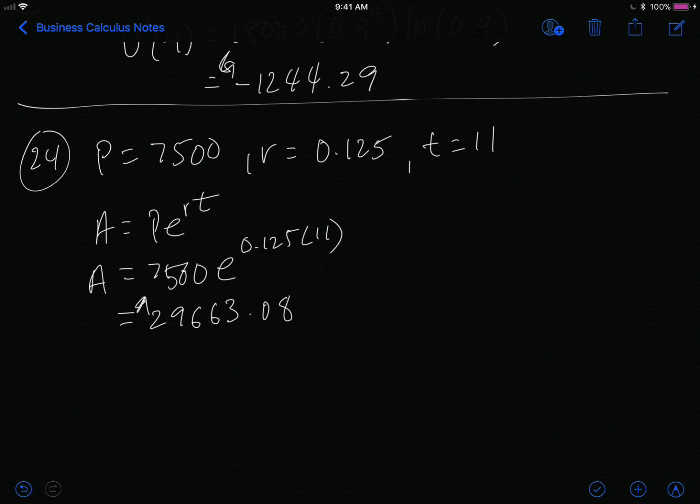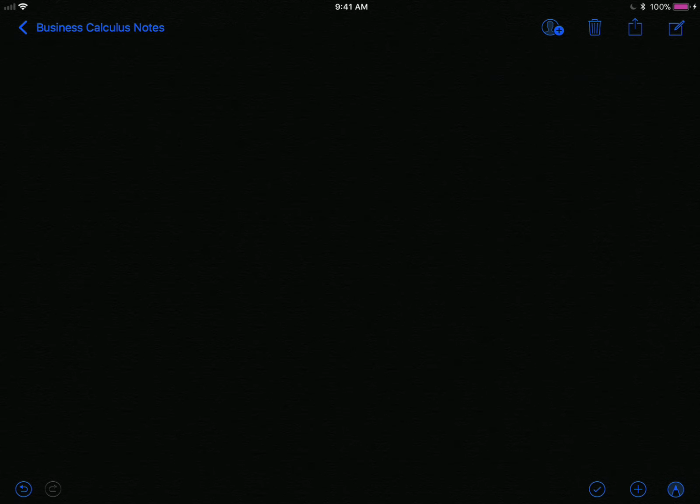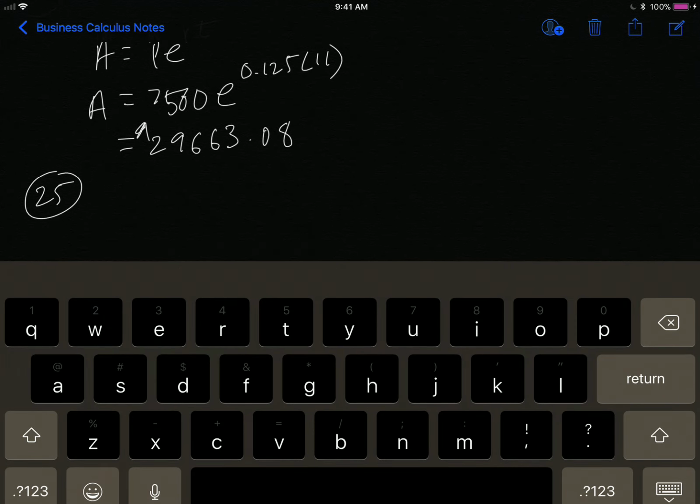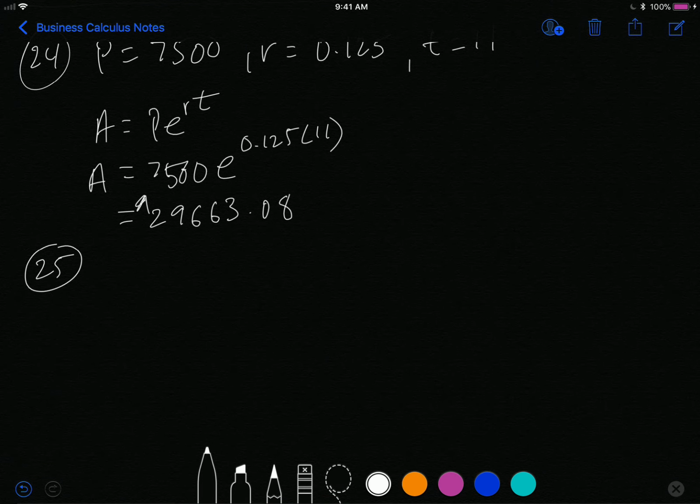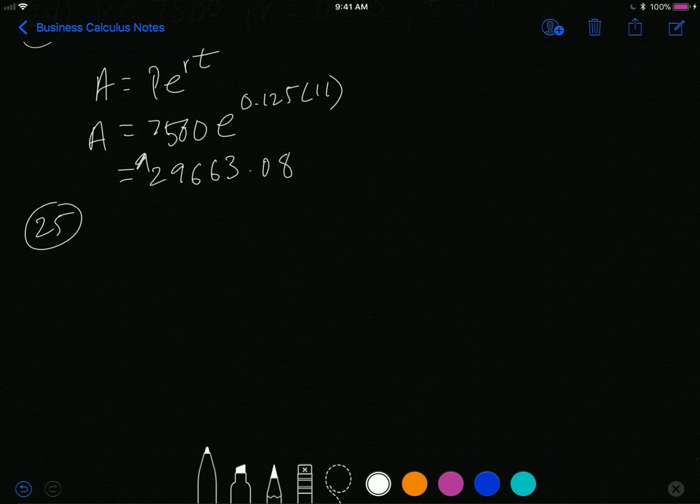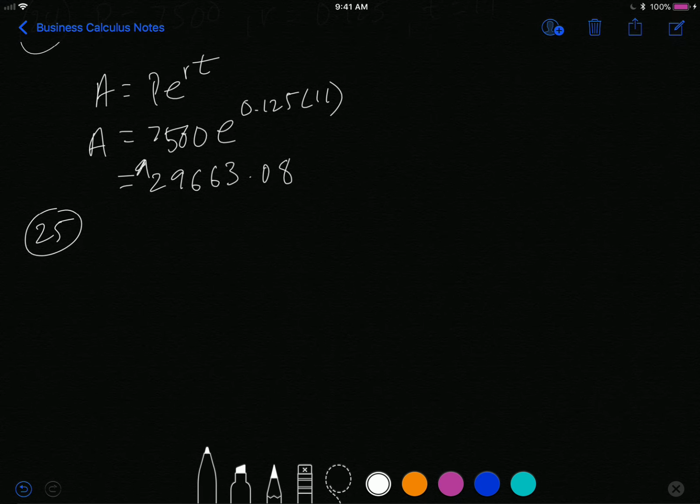So to answer question number 25, I first have to find the derivative. Well, I know the amount is equal to 7,500 e raised to the 0.125 multiplied by the time.